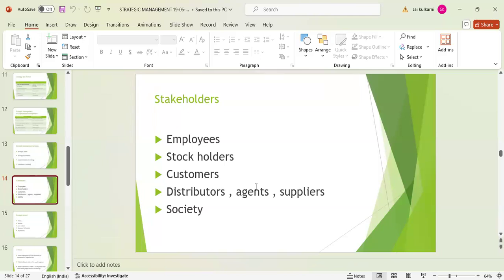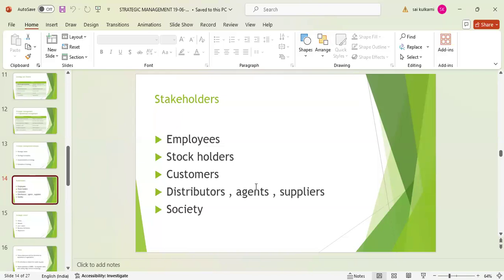Which interest? They can get profit in terms of dividend. That is their interest. Employees can get salary and build their career in the organization. This is the interest of employees. Then the third stakeholder, customers. Customer is the king of the market, the king of the business. So business is dependent upon customer preferences only.